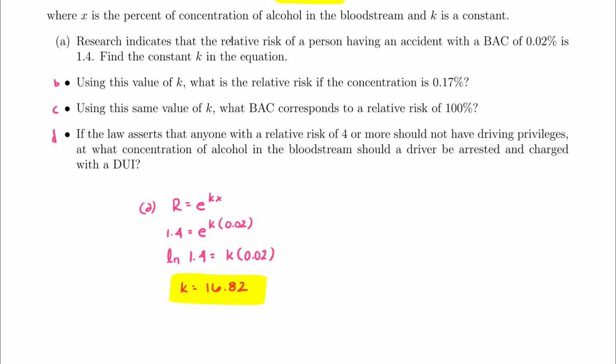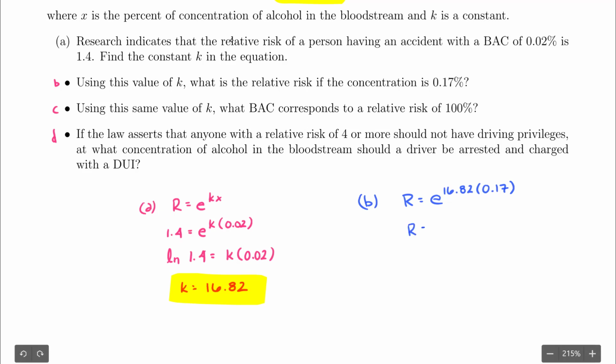So for part B, it says using this value of K, what's the relative risk if the concentration is 0.17? So here we're solving for R. We have e to the 16.82, that's our value for K that we just computed, times x, and our blood alcohol concentration is 0.17.